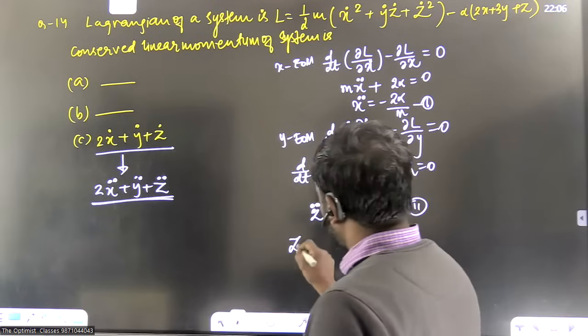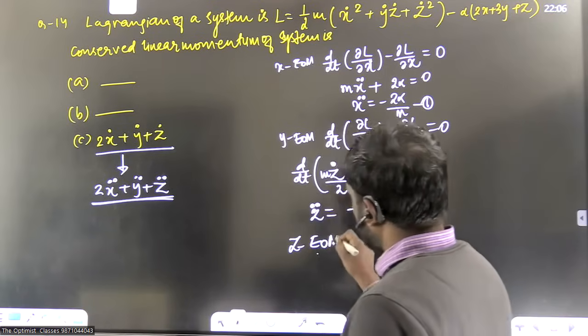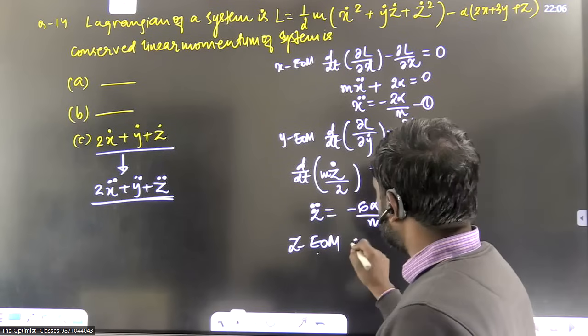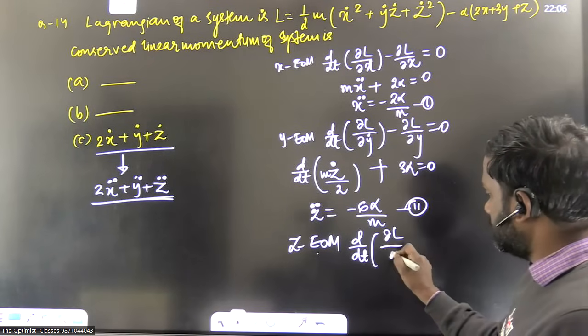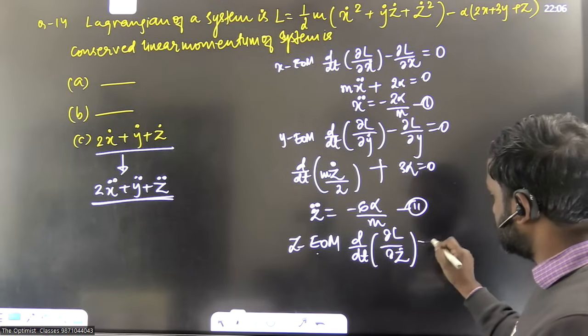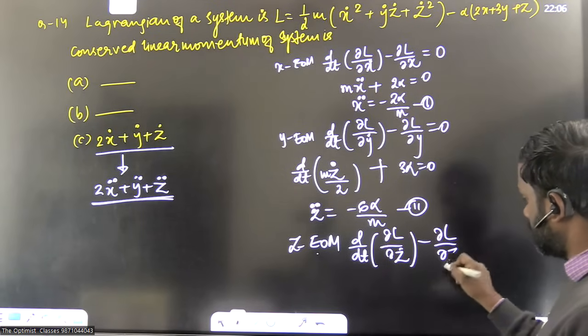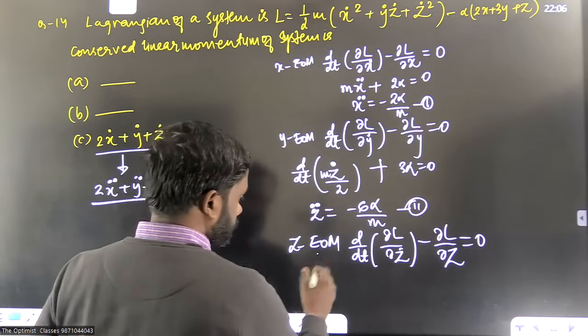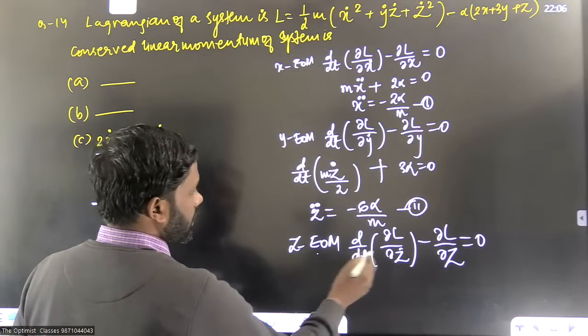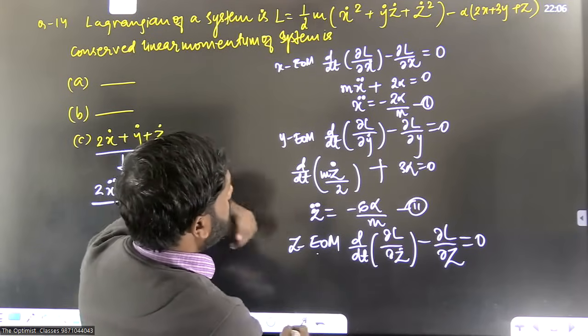And now the z equation of motion. So when you write, this is d/dt of del L by del z dot minus del L by del z equal to 0. All right, so now let's differentiate with respect to z dot. See, z dot is in two places.